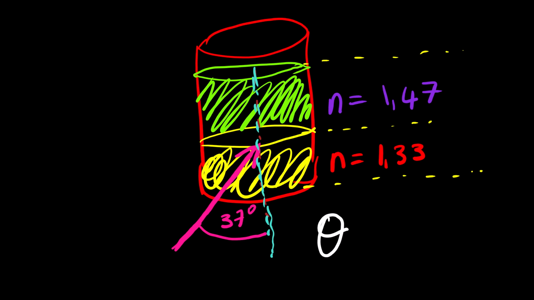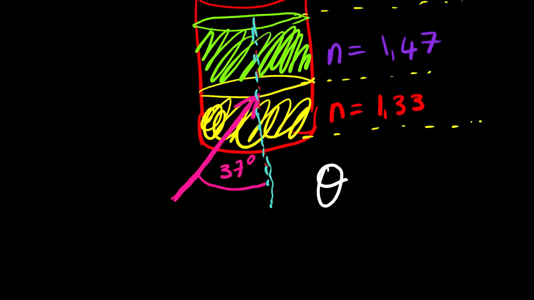Now in this case, we can see that the light is traveling from the yellow colored material to the green colored material. So it means the yellow colored material is our incidence, and then the green colored material is our refracted. So we are given the angle of incidence, which is 37 degrees. We are going to calculate the angle of refraction.